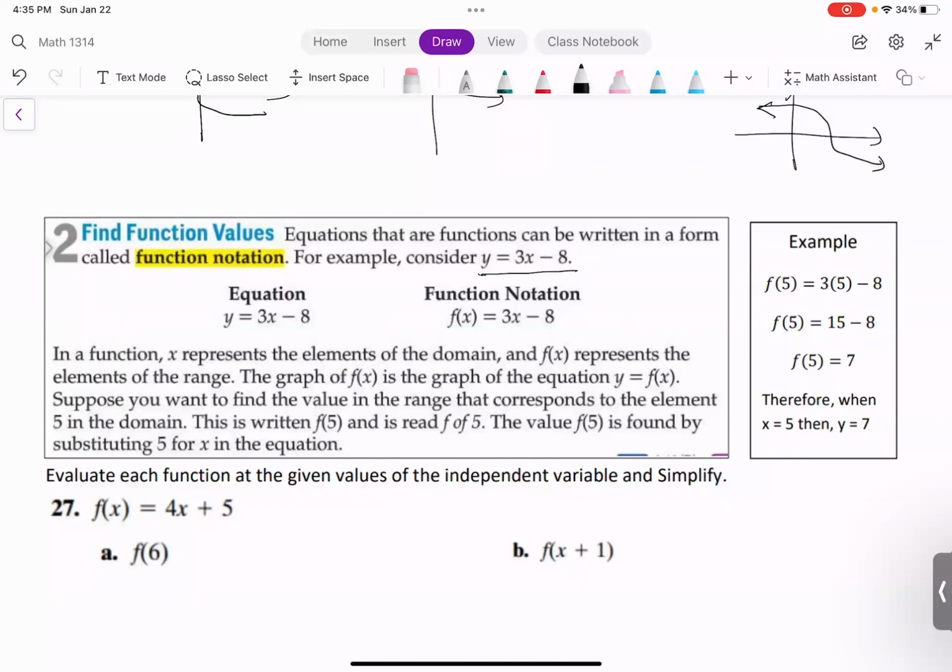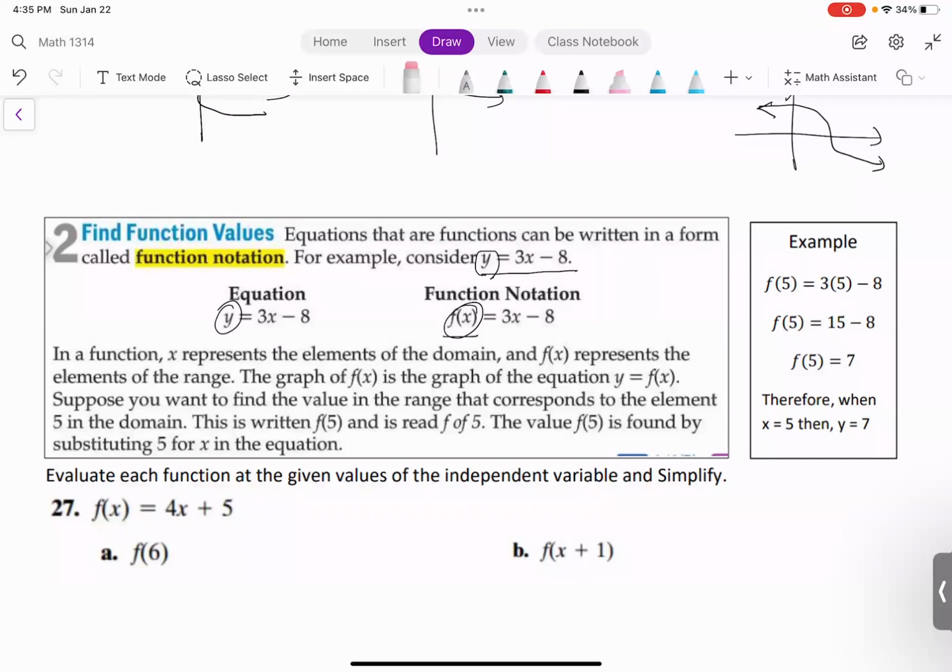And if we isolate the y, or leave the y on the left-hand side of the equation, this can also be written as f of x equals 3x minus 8. So y and f of x, they are the same thing. That means the output value, or the y's value.